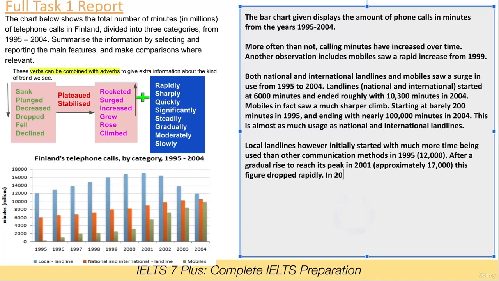So then let's look at 2004. Let's round this up and we can compare with the other communication methods now. So we've talked about local landlines in general. Now let's compare. So in 2004, local landlines had nearly 12,000 minutes being used.